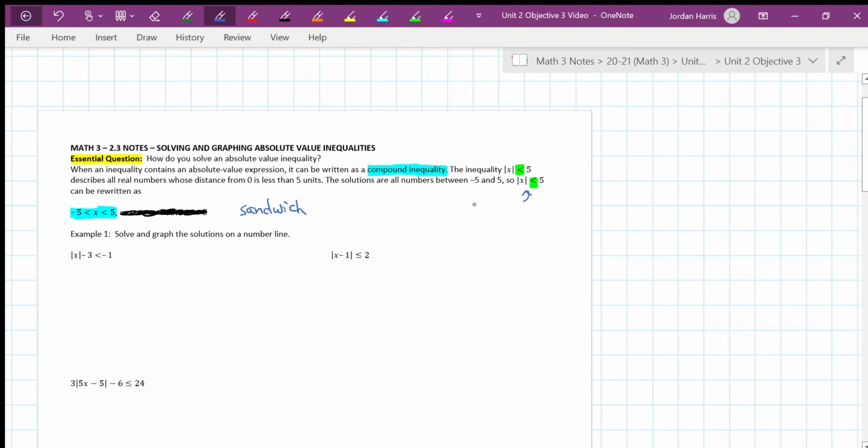This is really silly, but it makes it really easy to remember. A less than makes a sandwich. Less than makes a sandwich. You should be able to pick that out right away.